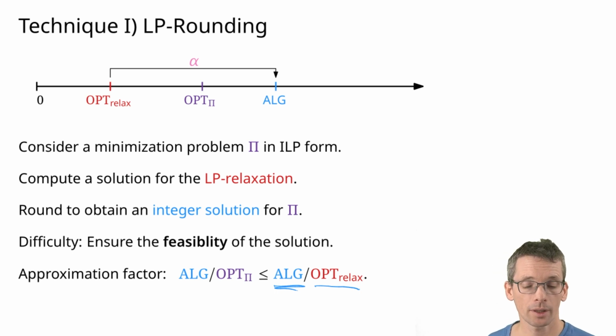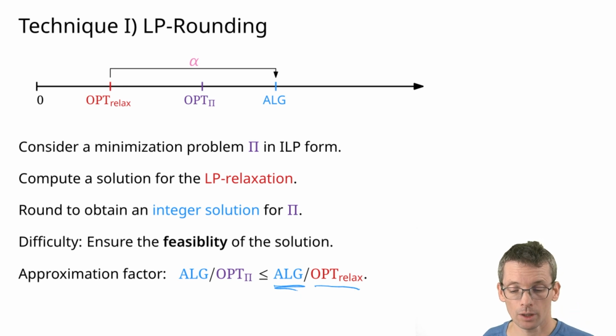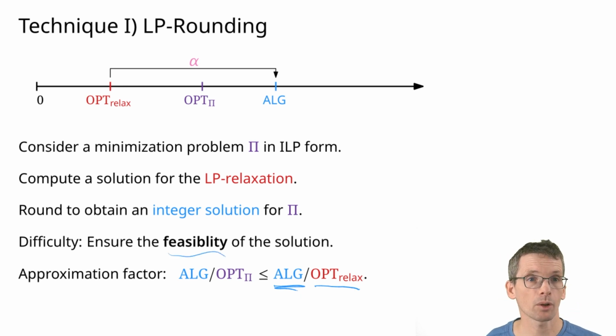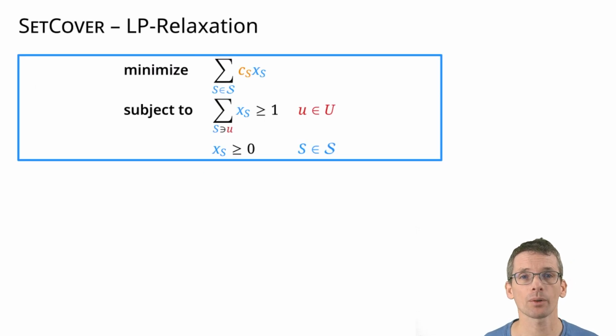Based on the rounding scheme, it will be quite easy to calculate this approximation factor. The difficulty will be in picking an appropriate rounding scheme such that I get a feasible solution and a good approximation factor. But before rounding, let's first convince ourselves that rounding is actually necessary.